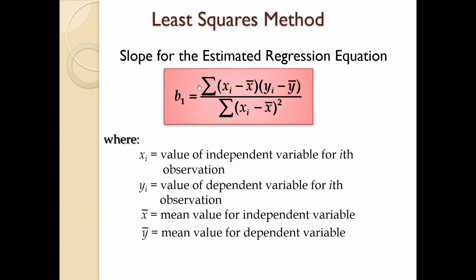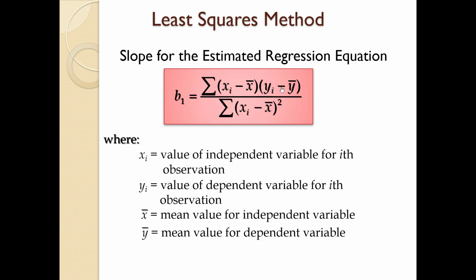When we're calculating the slope, we are taking a particular value for x related to a particular observation, and a particular value for y for that same observation. Notice i is the subscript for both. We compare x to its average x, and y to its average y. Taking the difference is another way to say we're comparing it to something.